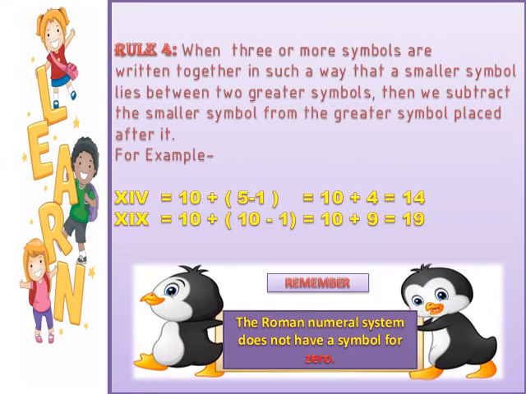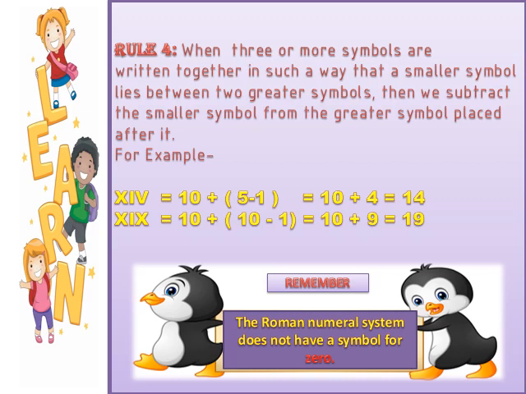Rule 4. When 3 or more symbols are written together in such a way that a smaller symbol lies between two greater symbols, then we subtract the smaller symbol from the greater symbol placed after it. For example, XIV.